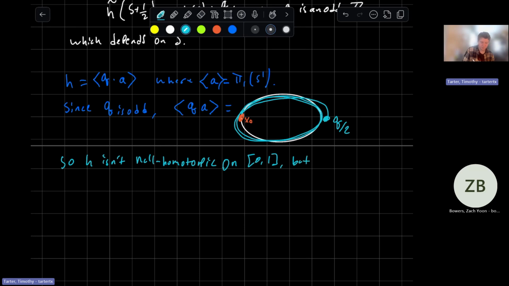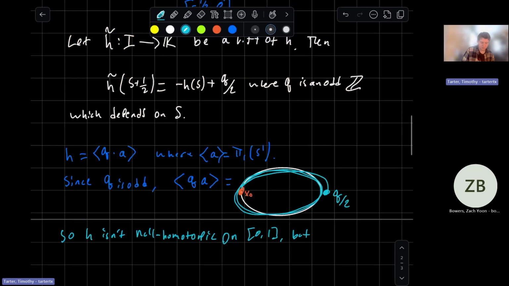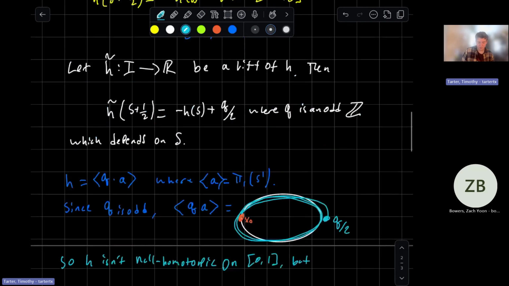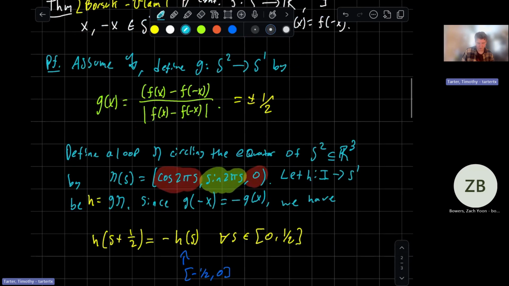But since G and eta are null homotopic, which I'll show in a second, and G composed with eta is null homotopic by assumption, we have a contradiction.